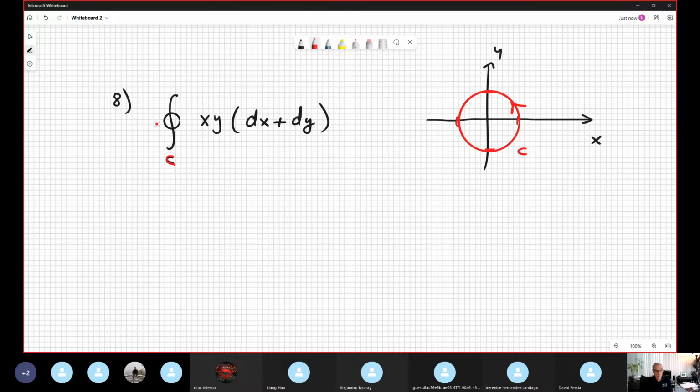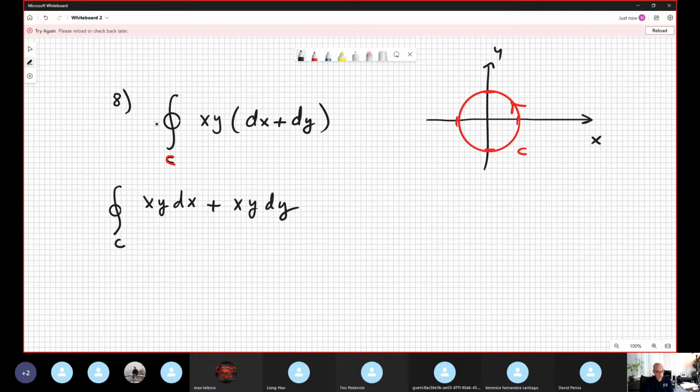Well, entonces now some books and study guides, and the back of the problem, sometimes write the line integral in a different weird way. However, I like you to write it like that. You apply the distributive property. Entonces xy dx plus xy dy. Okay, entonces much better, no?